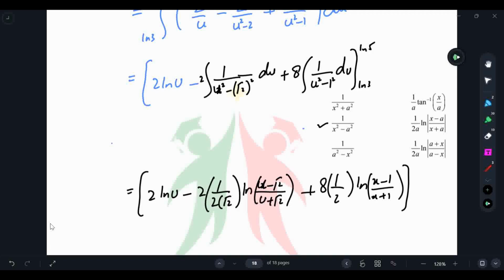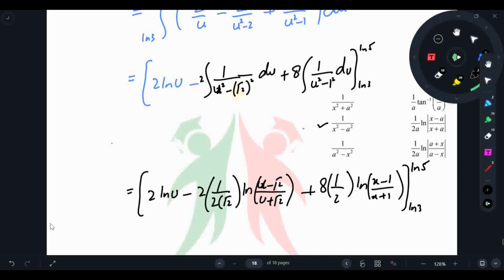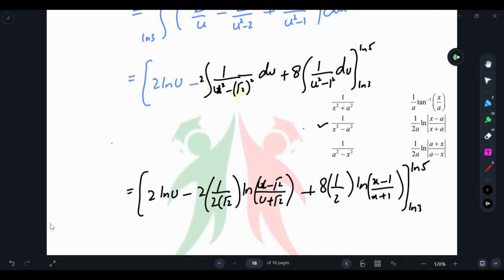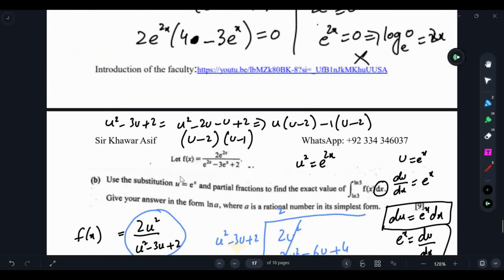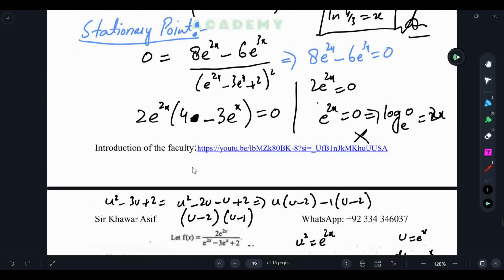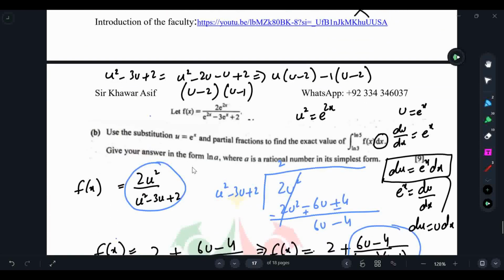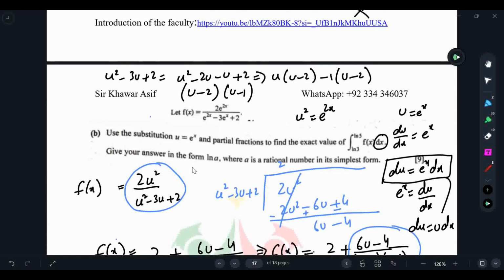Okay, we are done with the integration part. Now we just need to put the upper limit and the lower limit. But before this, keep one thing in your mind, that this upper and lower limit is given to us for when we integrate with respect to x.